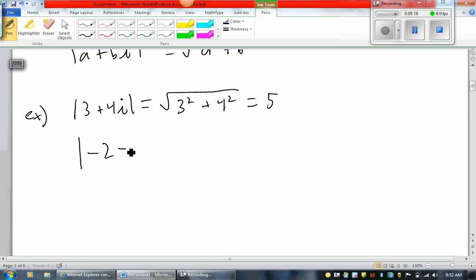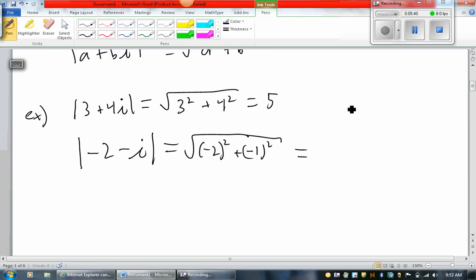Say negative 2 minus i. We have negative 2 squared plus, remember there's an imaginary negative 1 in front of there, negative 1 squared. And that equals radical 5. You can't simplify that any further. Remember, when you're doing these, to watch your parentheses carefully. The whole negative 2 is being squared, not just the 2.